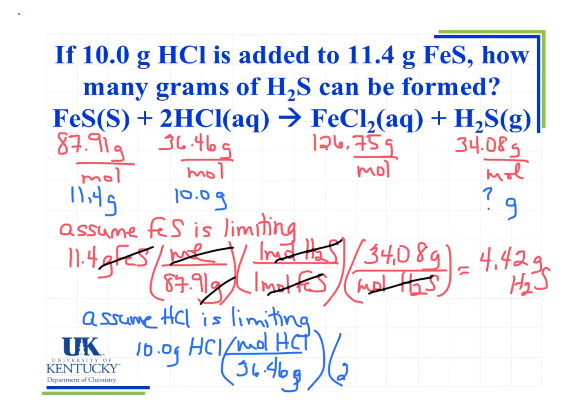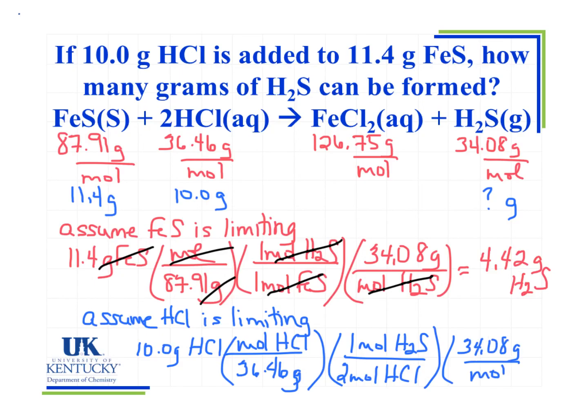In this case, I'm going to have 2 moles of HCl for every 1 mole of H2S. And then again, I use my molar mass of H2S, 34.08 grams per mole of H2S. And now I'm going to be able to calculate the amount of H2S that could be produced if HCl is my limiting reagent. And what I find is that it's 4.67 grams of H2S.